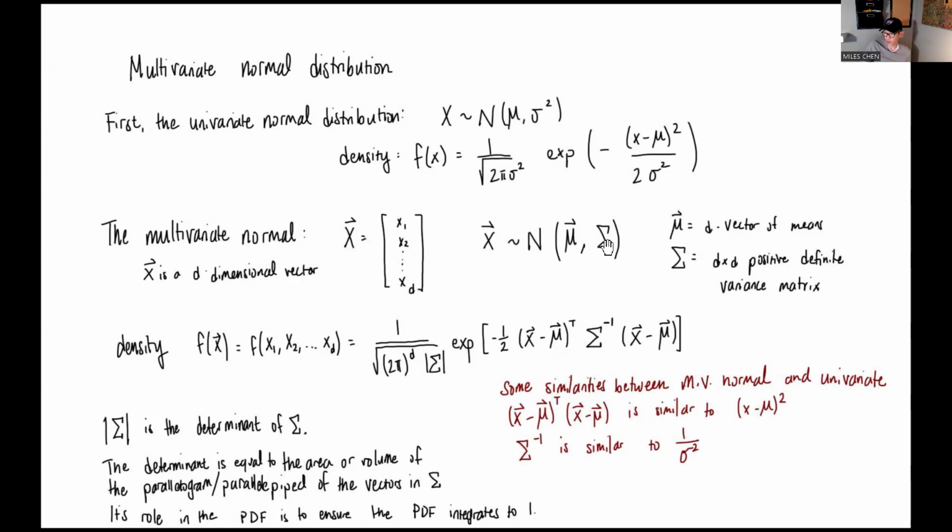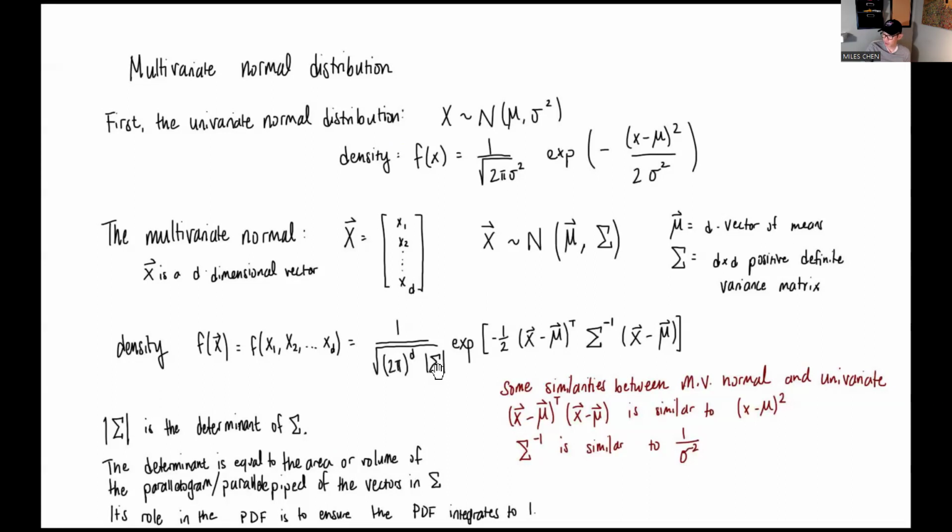So a 2 by 2 if it's 2-dimensional, okay? And what is the corresponding density? The density function looks like this. You have 1 over square root 2 pi, raised to the d, however many dimensions you have. And then instead of sigma squared, you have the determinant of the square matrix sigma.